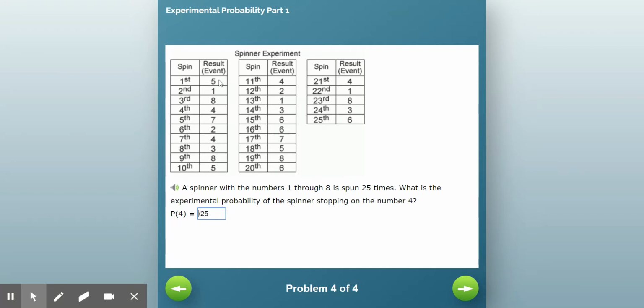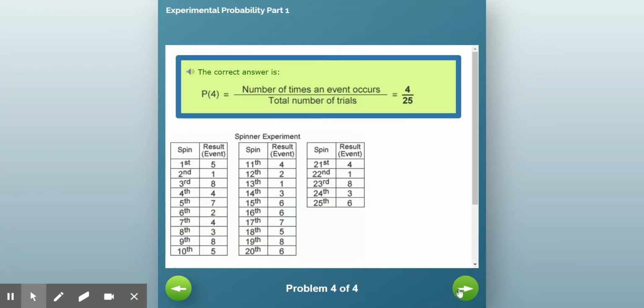So now I just have to count up how many times it stopped on the number 4. There's 1, there's 2, there's 3, there's 4. So 4 out of 25 times this experiment was performed, it landed on 4. And there is your answer.